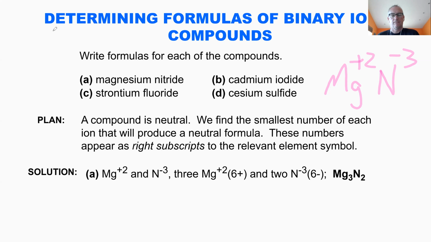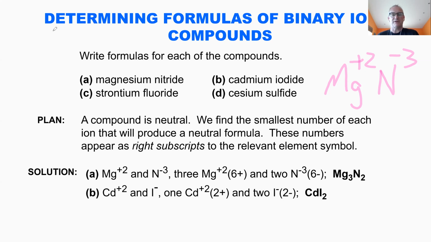Group 12. So it would be a -6 charge. No, it's always +2. Sorry, +2. That one was a little tricky. And so iodide is always -1. So CdI2 would be cadmium iodide.